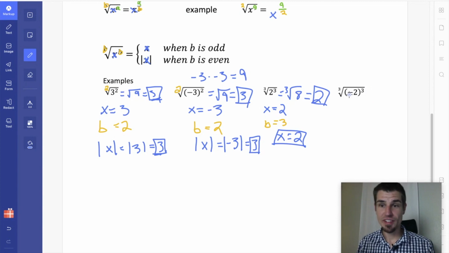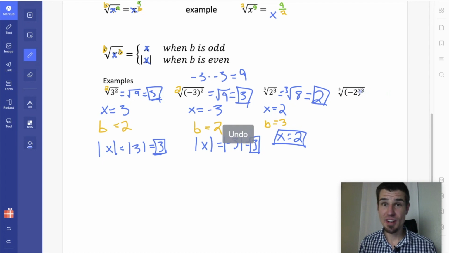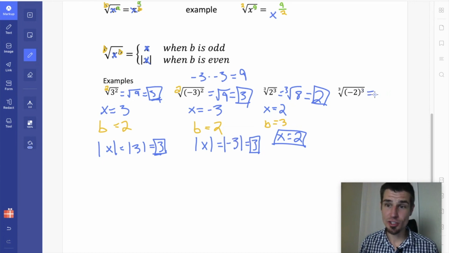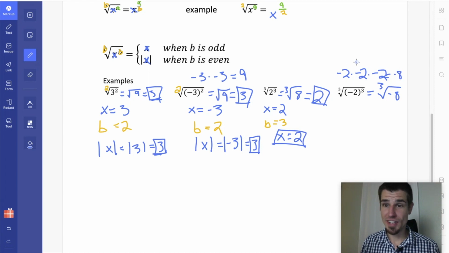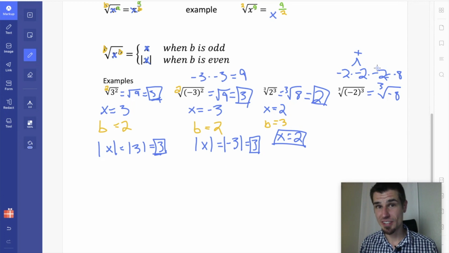We have this, the cubed root of negative 2 cubed. Now realize this is the cubed root of negative 8, because negative 2 times itself 3 times gives you a negative 8. A negative times a negative gives you a positive, but then you've got a positive times a negative. So that will give you a negative 8.